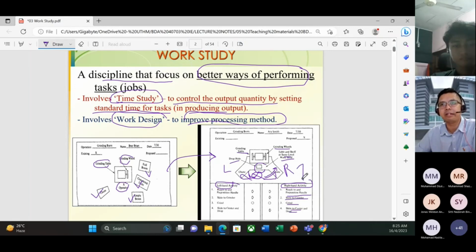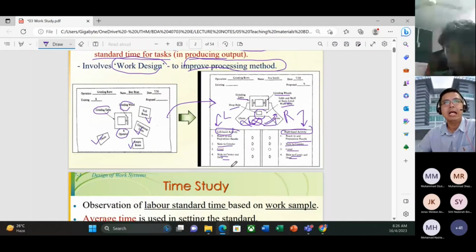This is focused on the right hand. Meanwhile, for the left hand, we focus on reaching the preposition handle, slide to grinder, grind, and slide to center and drops. So each of the hands, either right or left, has a specific function. This is why we want to improve the processing method, so it can save time. Many ways. Later on I will touch on that.